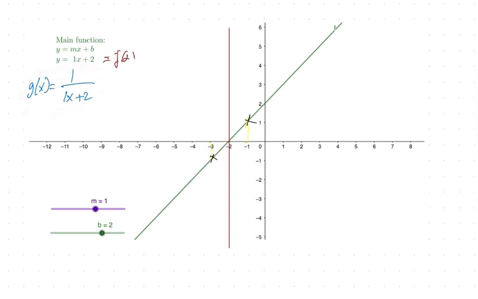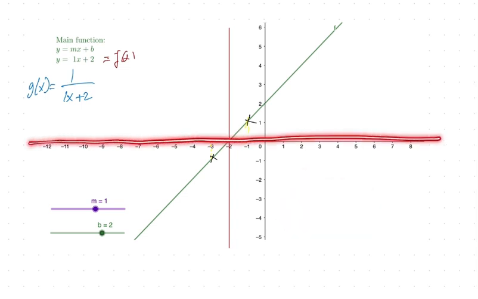I will just come here and put 1 over x plus 2 is equal to 0. And I can see that this will never equal 0 because the numerator will never equal 0, so my function will never equal 0. So my horizontal asymptote will actually be y equal to 0. So this will be my horizontal asymptote.